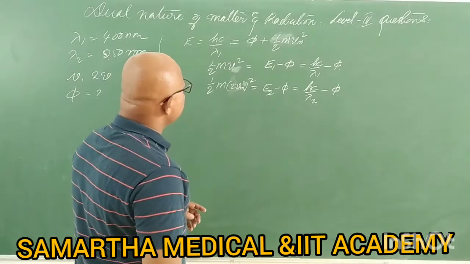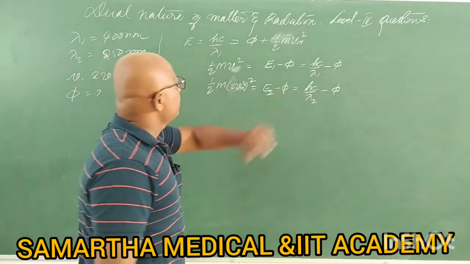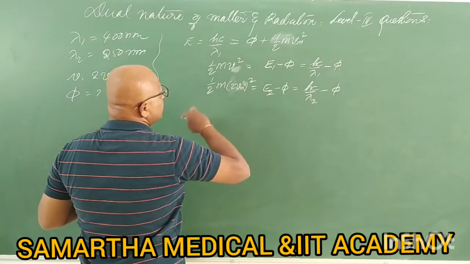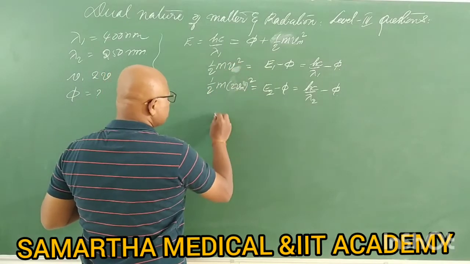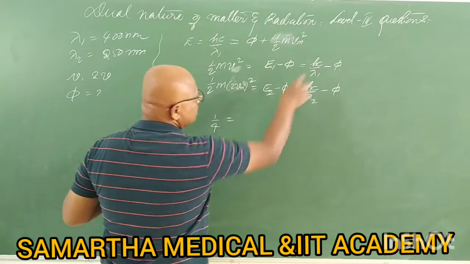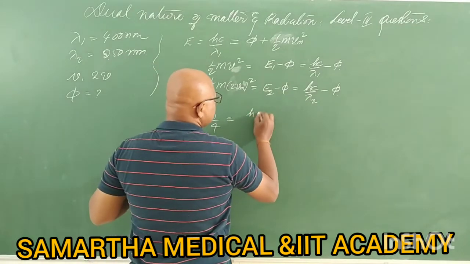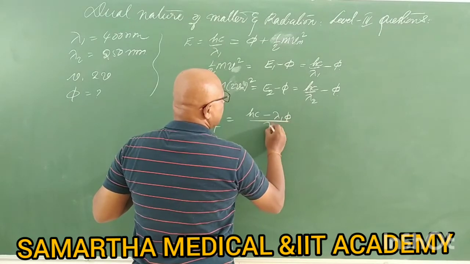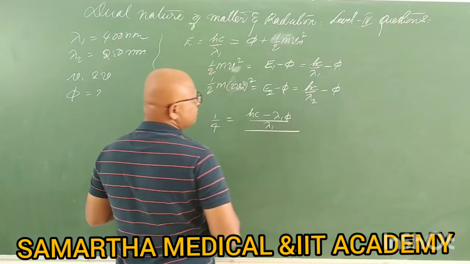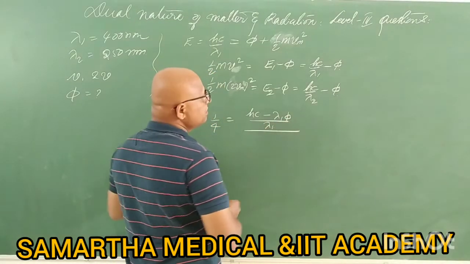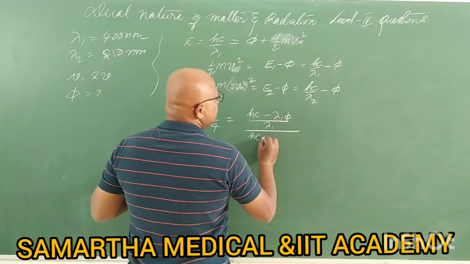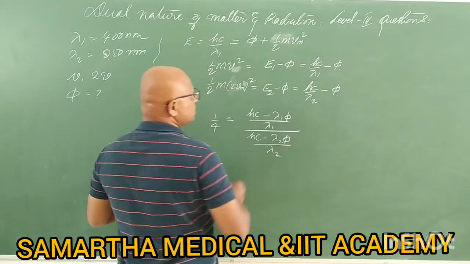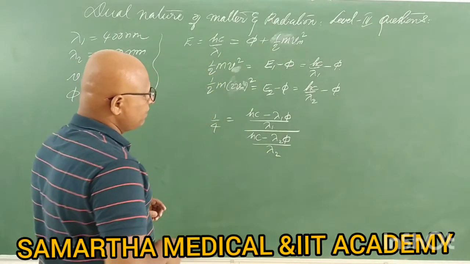Now if you divide these two equations, half m gets cancelled, v square gets cancelled, and it becomes 1 by 4 is equal to, let's write this, Hc minus lambda 1 phi divided by lambda 1, which is the LCM of the first term, and for the second term we have Hc minus lambda 2 phi divided by lambda 2.